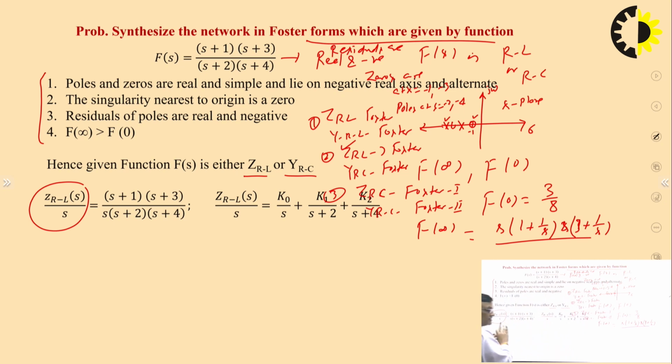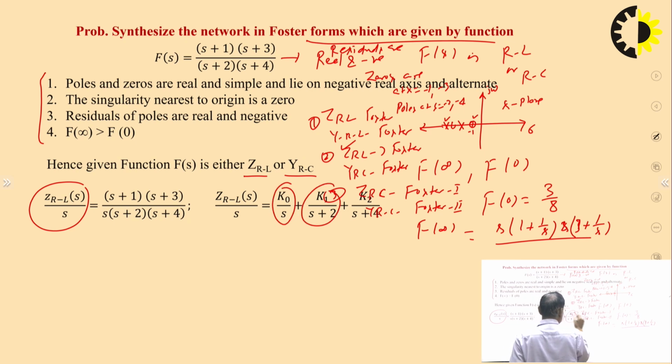This is the way to carry out the partial fraction expansion. So divide the function by s. Now carry out the partial fraction expansion. So we have this one, then this. So three terms. Now find the k0, k1 and k2.